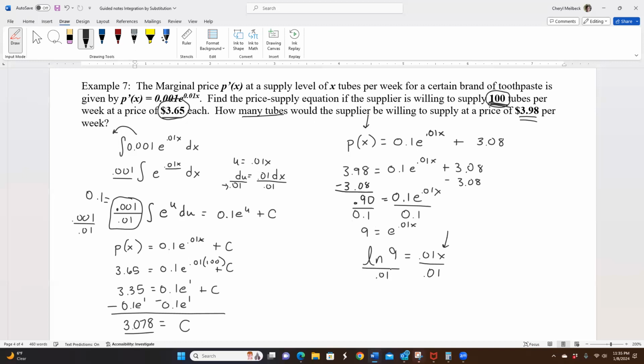And we'll get 219.722. So what this means is at a price of $3.98, you'd want to produce about 220 tubes of toothpaste.